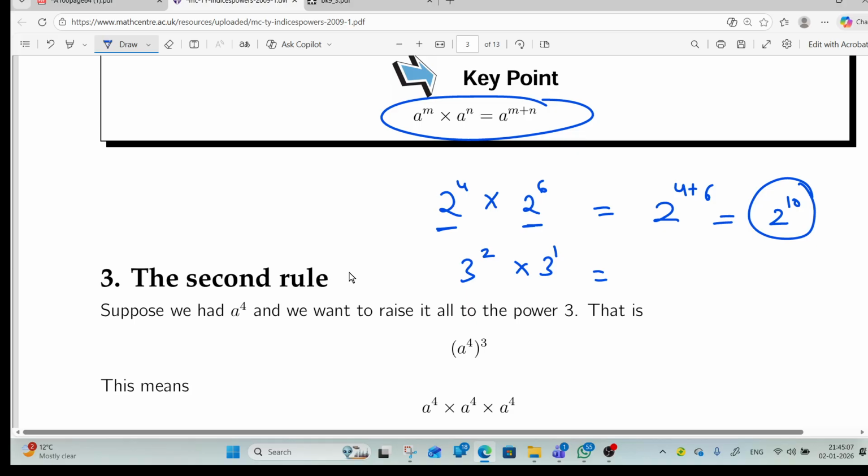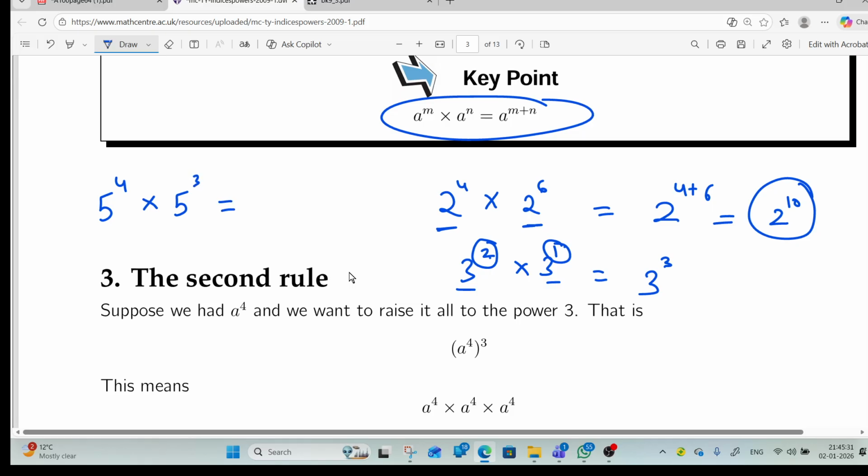6? I mean 9 times 3. No, you would write the base as it is, 3, and add the powers. 2 plus 1 is 3, so 3 to the power 3.